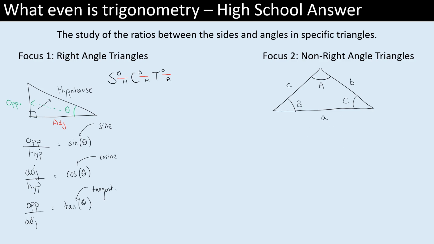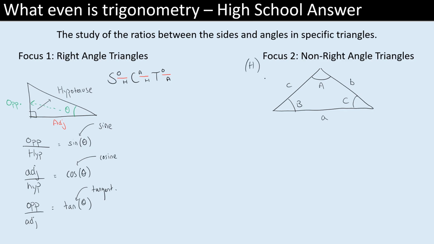Because we don't have opposites, hypotenuses or adjacents anymore, we have slightly different formulas. You can derive them, starting with right angle triangles and arriving at the formulas that you use for non-right angle triangles. And the formulas that you get are slightly different.